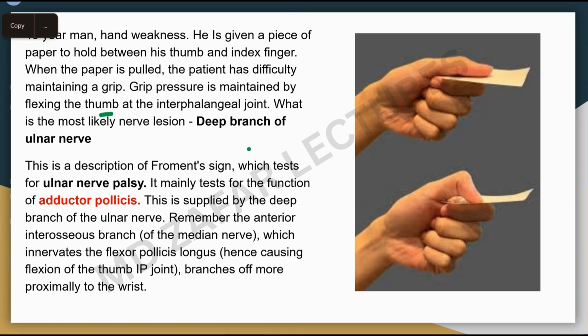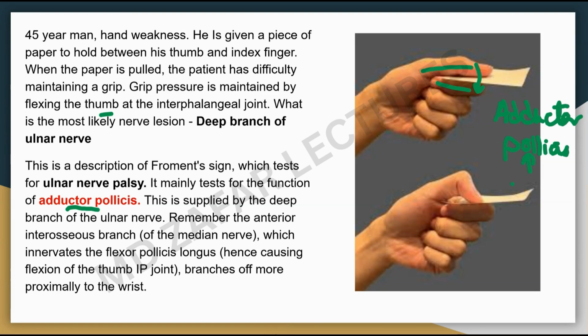So adductor pollicis is the muscle which is responsible for this movement. Adduction is the movement that is towards the center or towards the medial side of the body. So if you give someone something to hold between the thumb and the index finger, this towards-the-center movement of the thumb will be conducted by the adductor pollicis. Now adductor pollicis is one of the muscles of the thenar group which is supplied by the ulnar nerve.